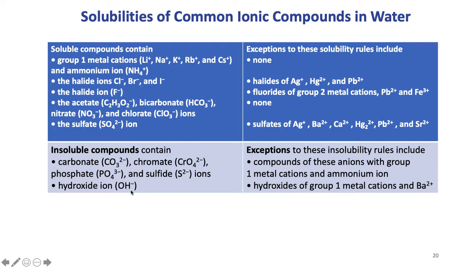So barium hydroxide is soluble. Sodium, lithium, potassium, rubidium, cesium hydroxide, ammonium hydroxide, they're soluble. But calcium hydroxide is not. Magnesium hydroxide, iron 2 or iron 3 hydroxides, etc., are not either.